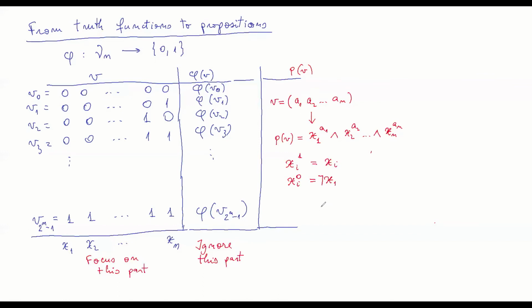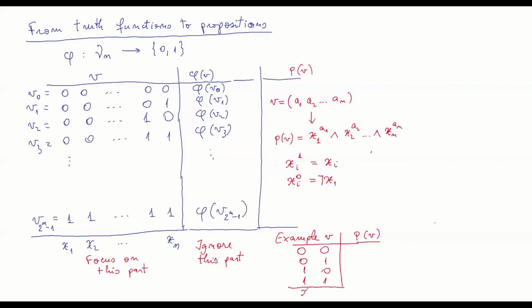I'll give one example to make things concrete. If I have, say, a vector of 2 components, and all the 4 possibilities are these ones, that's the vector v in here, and that's the proposition I want to build, P of v.